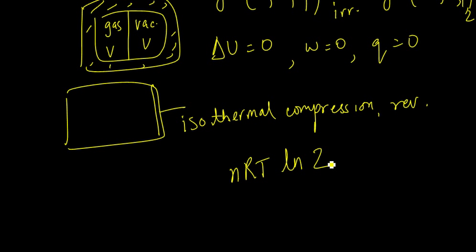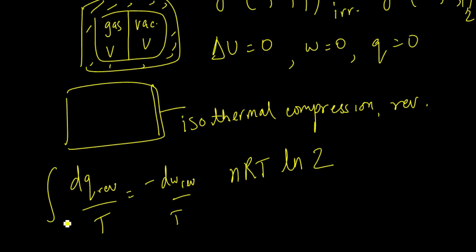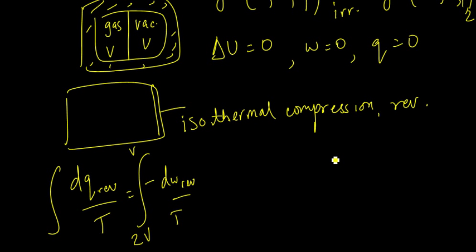In fact I should not actually have done this integration, but I know that temperature is constant, so it does not matter. Otherwise what I should have done is dq reversible by T is equal to minus dw reversible by T, right? And then integrate over the limits, from 2V to V, which would give me the same result.